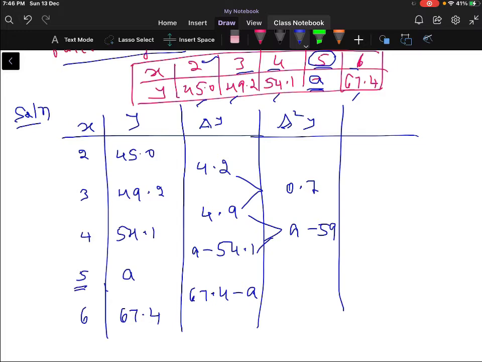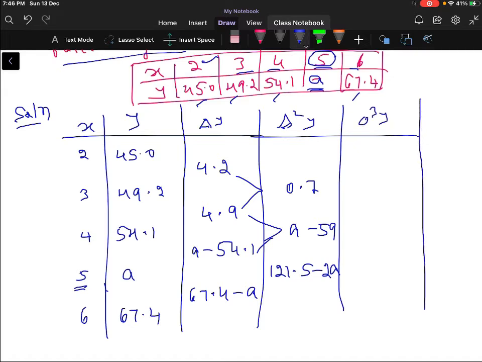Now 67.4 minus a minus a plus 54.1, so that is 121.5 minus 2a.